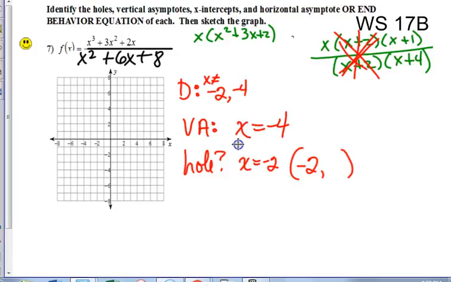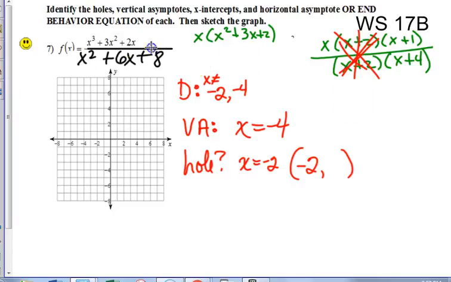Okay? So again, my 3 things: you've got to do the domain restriction. If there's a hole, there's not a vertical asymptote. And then you can cancel it to find the hole, the actual ordered pair for the hole. You don't have to do this, but it helps in graphing a lot. Once you've canceled it, now we can put a negative 2 in.